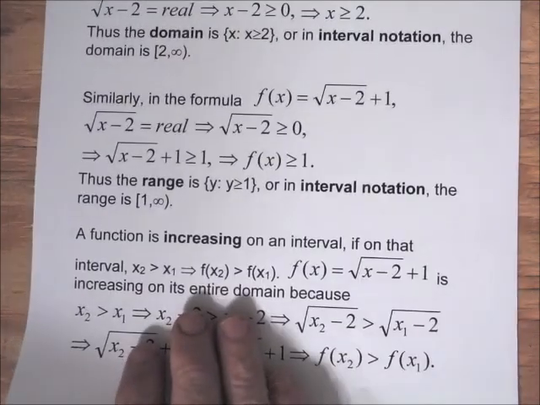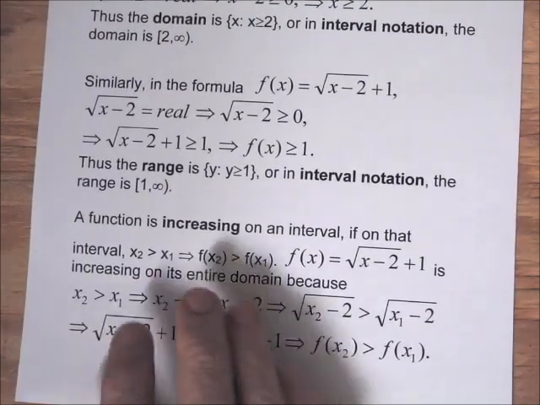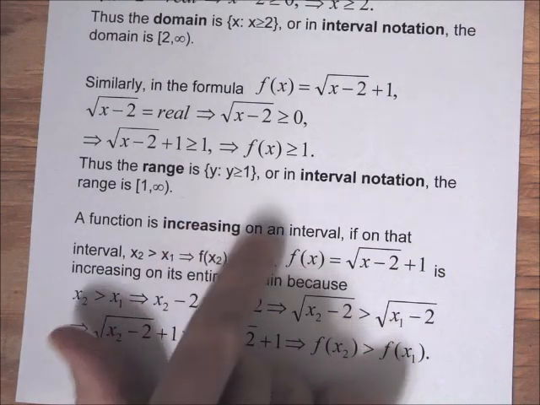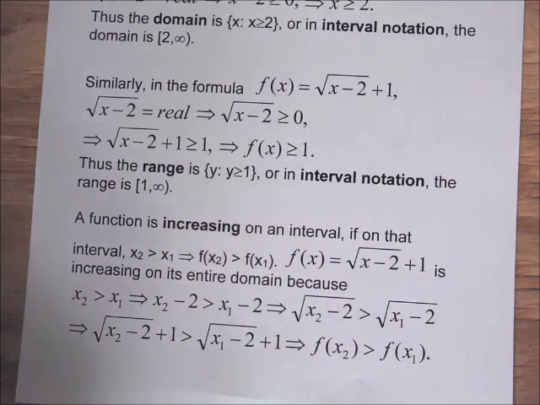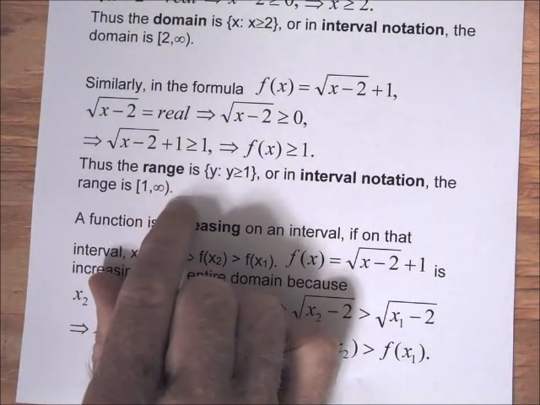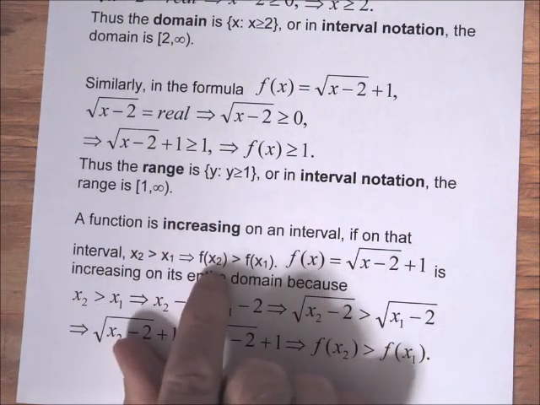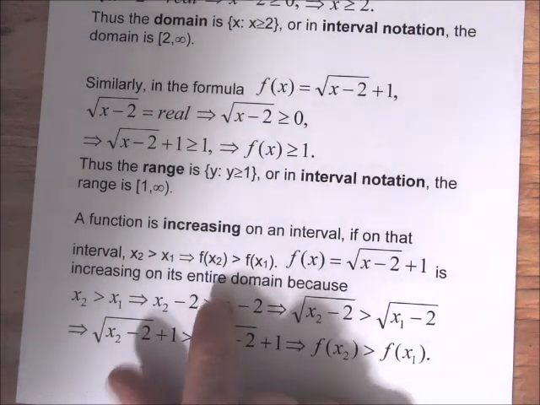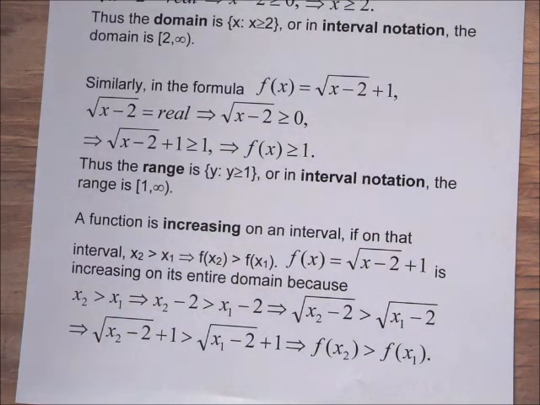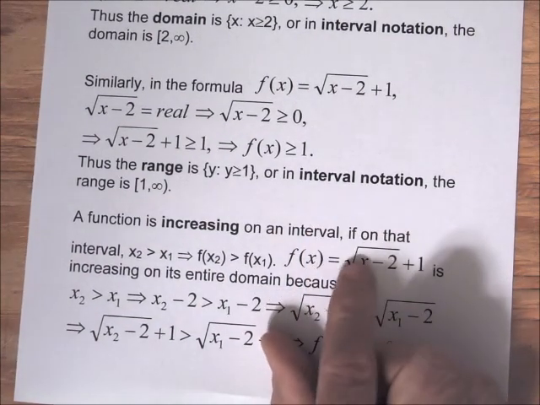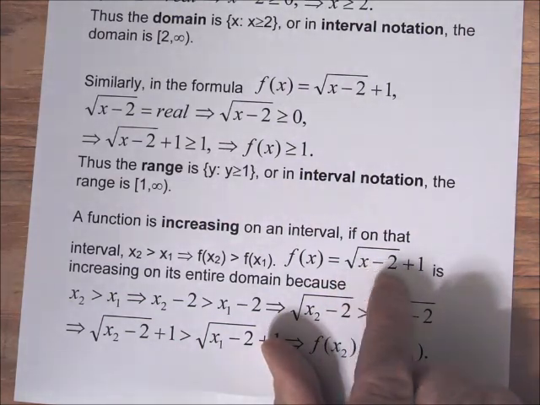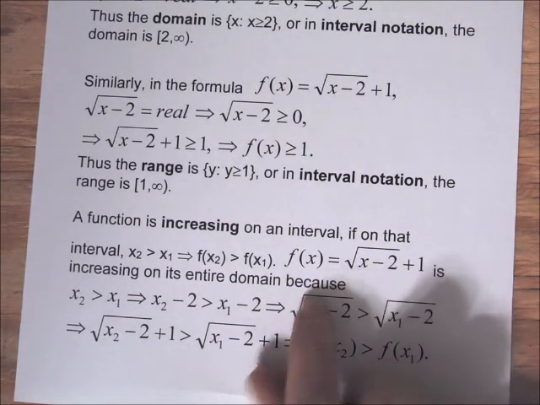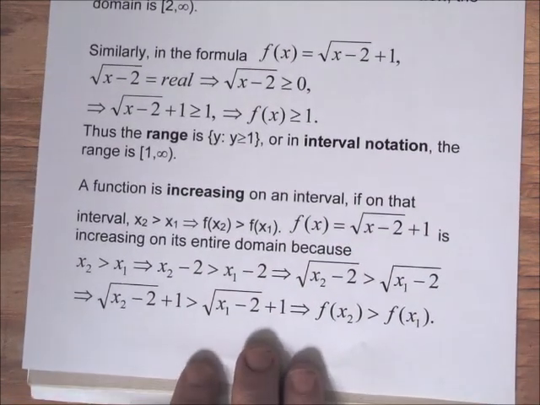Also, we have the notion of increasing or decreasing. A function is increasing on an interval if on that interval, if x2 is bigger than x1, that means f of x2 is greater than f of x1. And in fact, the function f of x equals square root of x minus 2 plus 1 is increasing on the entire domain.